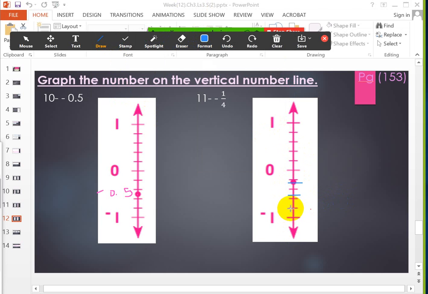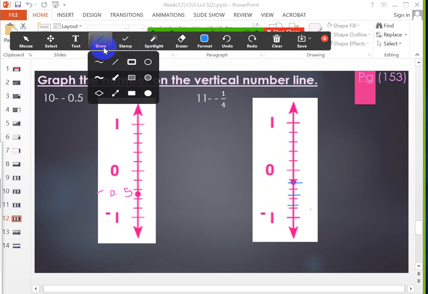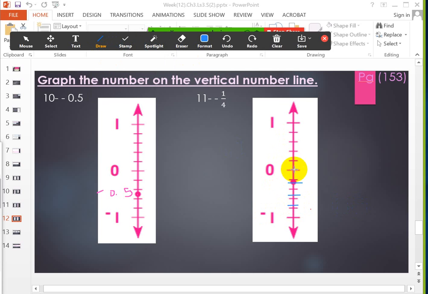Look at the blue color. I divided this distance into 4 equal parts. 1 over 4 means I have to move one part of 4 parts. This point will be negative 1 over 4.